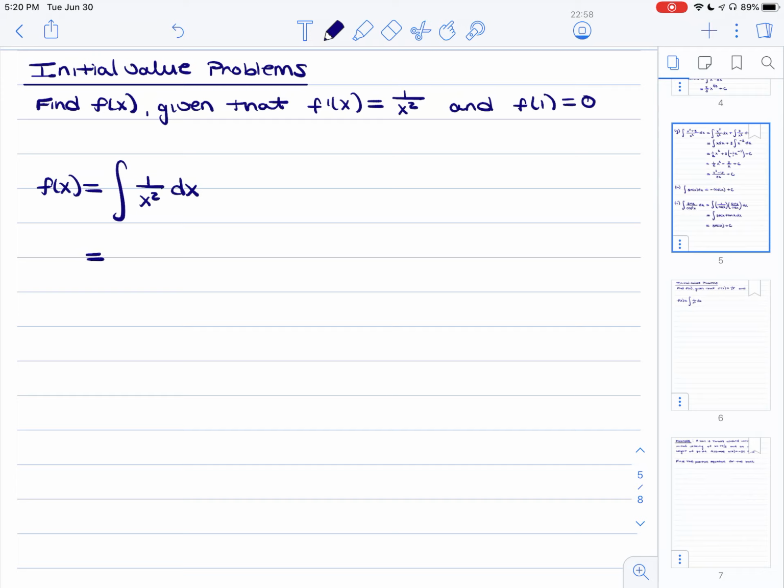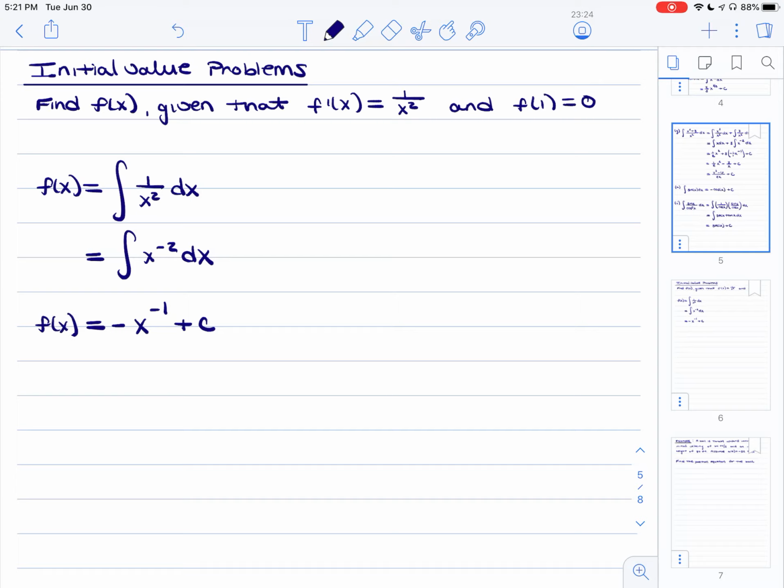And of course, we can rewrite that as the integral of x to the negative 2 dx. All right, so then we're thinking opposite of power rule. So add 1 to your exponent, should be a negative 1, and then multiply by the reciprocal of that out front, which is still just a negative 1. And of course, that comes along with our plus c.